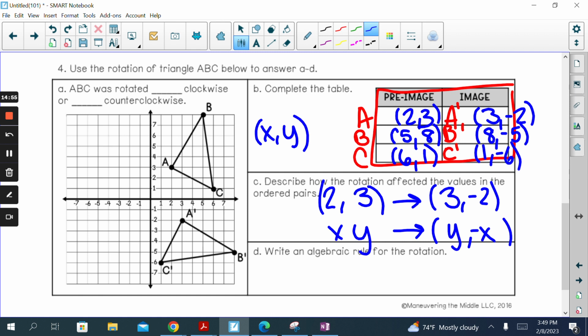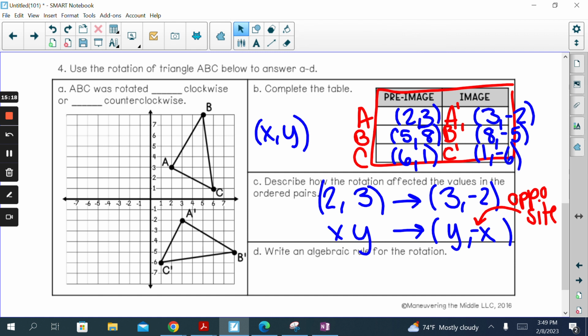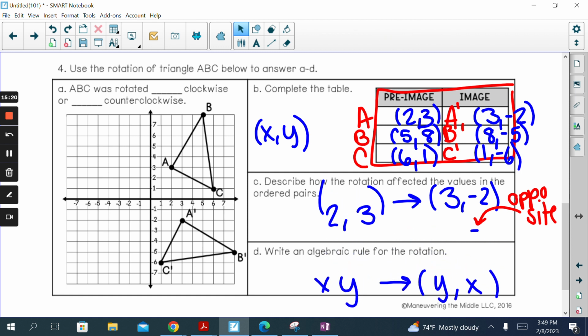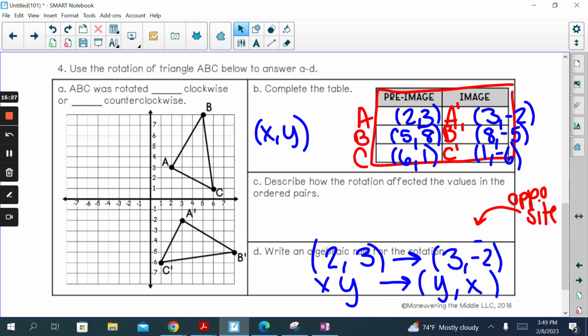And you have the opposite of x. Remember, that does not mean negative x. It is the opposite of x. All right? So that's our algebraic rule. Let's talk about how it affected them, because the rule is what we just talked about with our numbers.